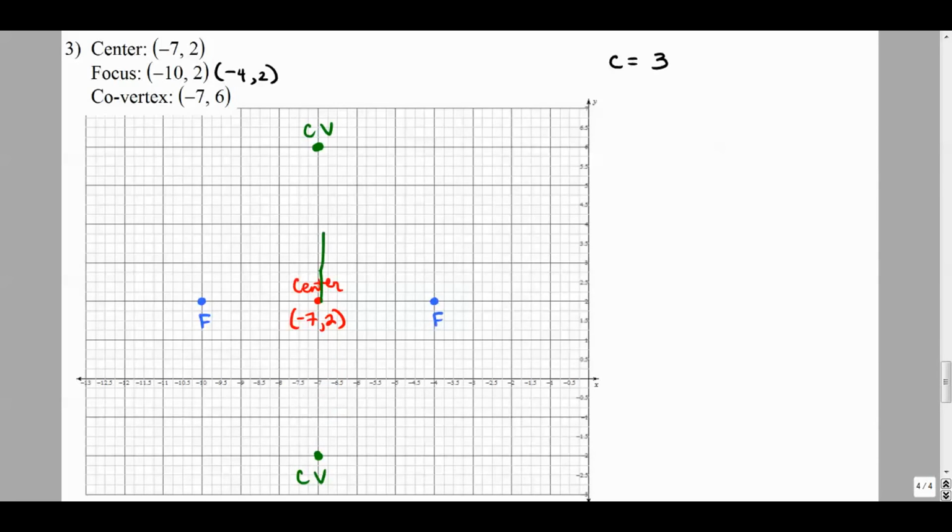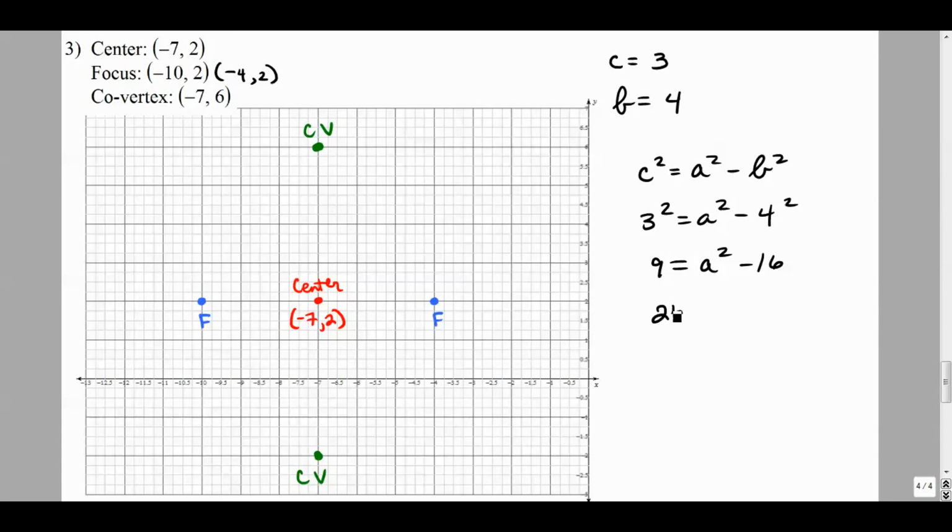So the distance between the center and a co-vertex is lowercase b, and that is 4. So our relationship now will help us get lowercase a. Lowercase c is 3, so 3 squared is a squared minus 4 squared. So 9 is equal to a squared minus 16. a is equal to 5.